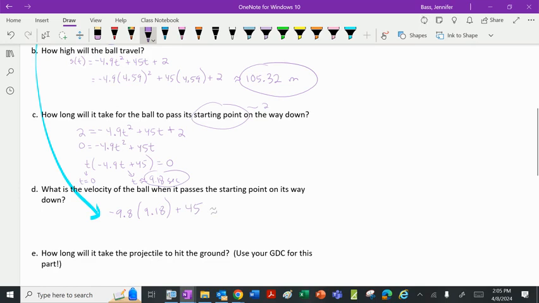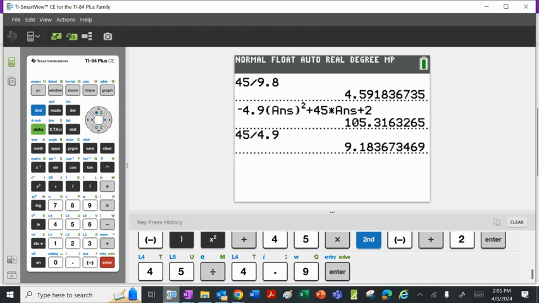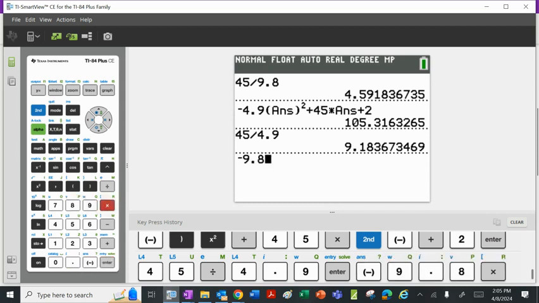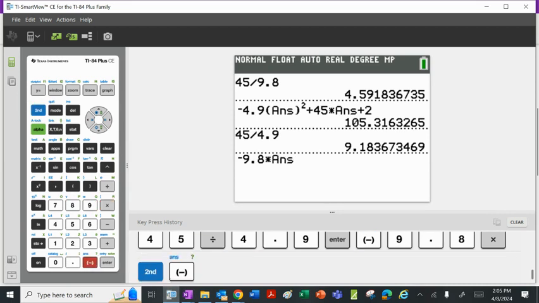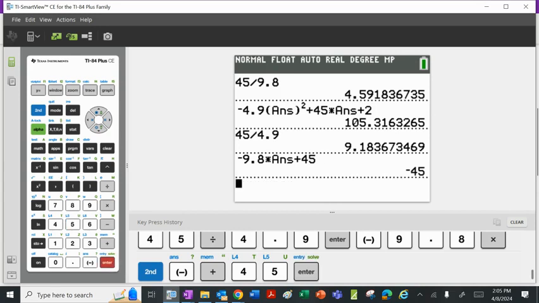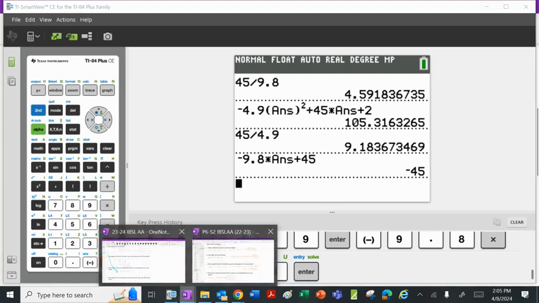Negative 9.8 times that answer plus 45. So the velocity is negative 45.